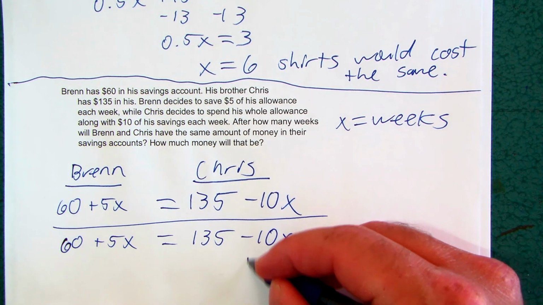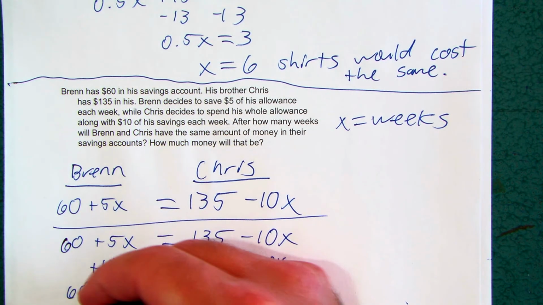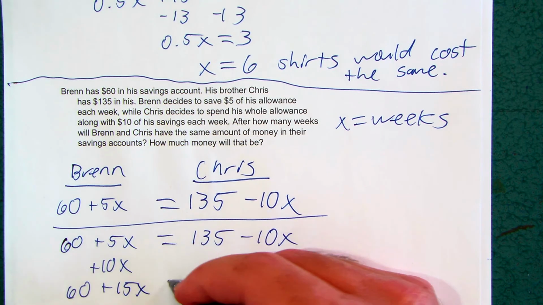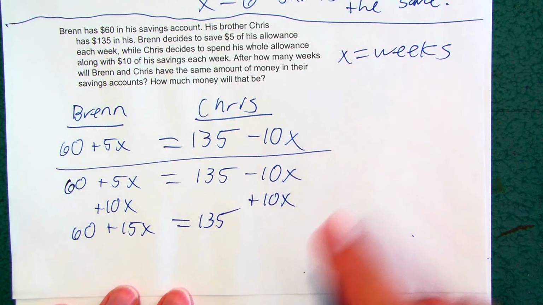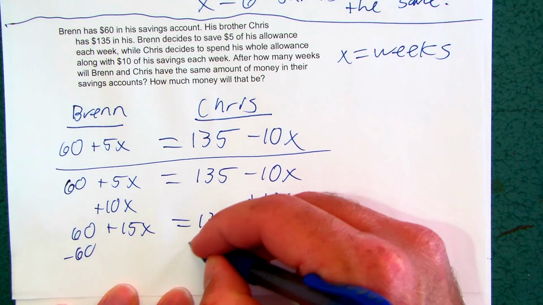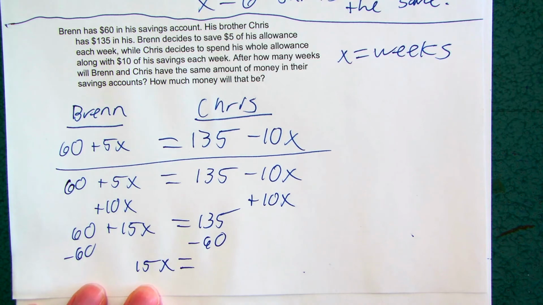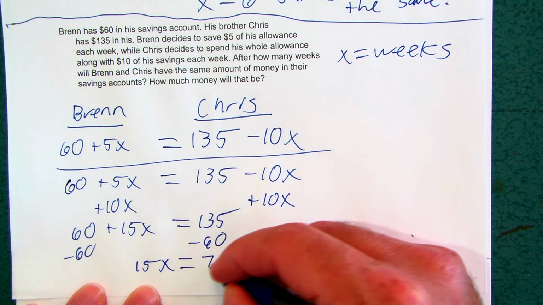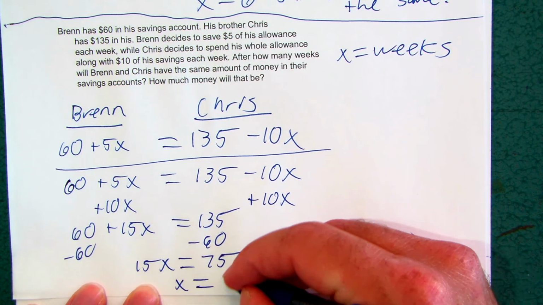So I'm going to add 10x to both sides. We have 15x equals 75. So that means x is going to equal 5 weeks.